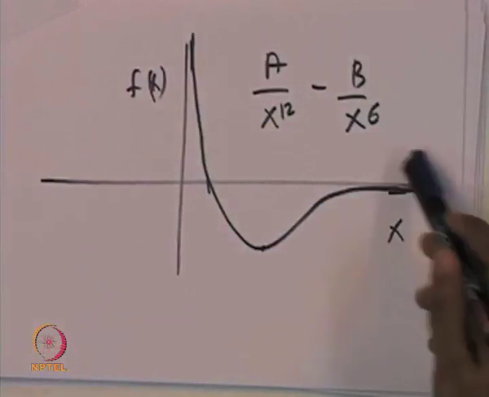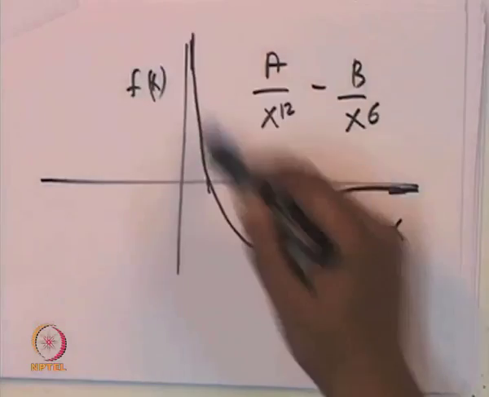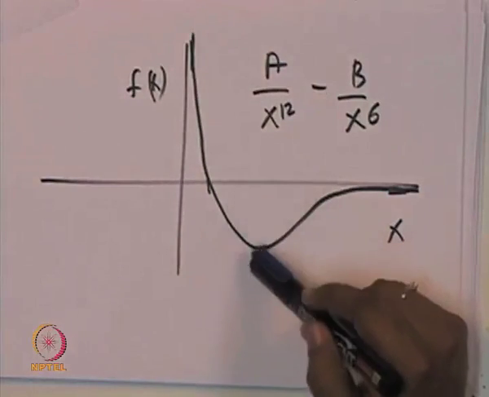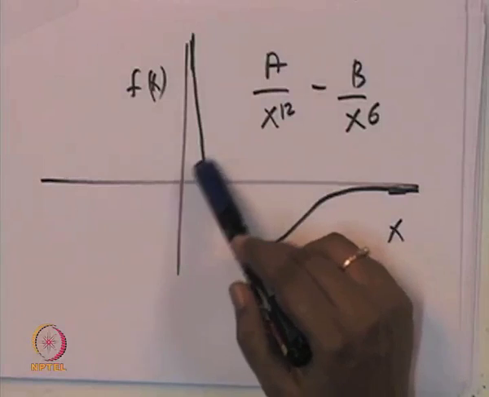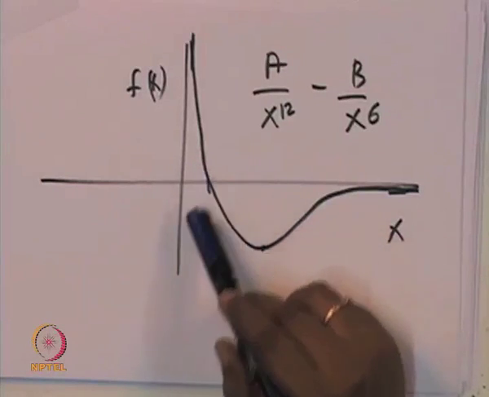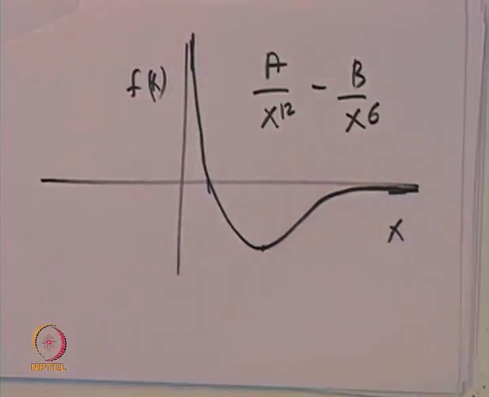I already explained this is 0, this is infinity, there is a minimum here and it crosses 0 at one point. So, all this is clear to you. This is what the answer will look like. So, do it yourself.